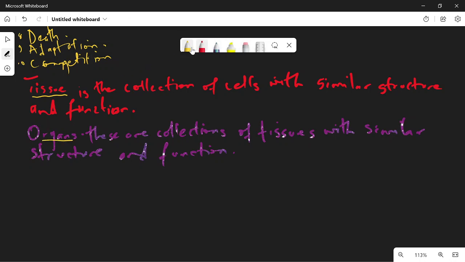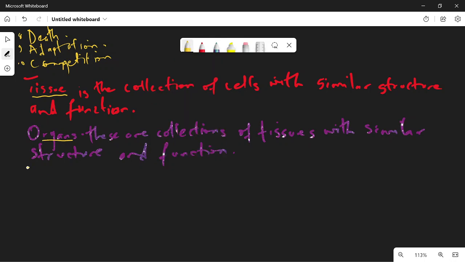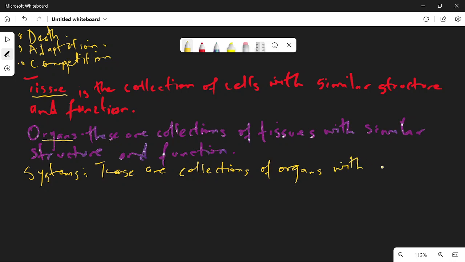And lastly, we have the systems. These are collections of organs with similar structure and function.